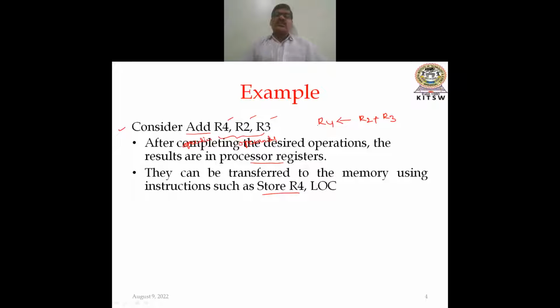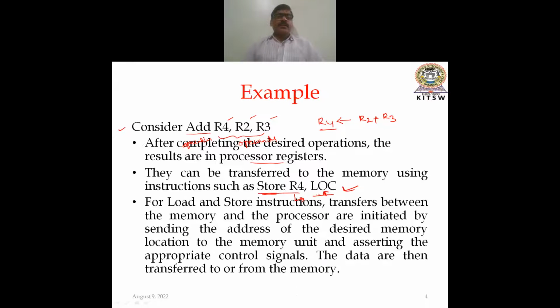Now the result which we have in the processor register R4, we can store into a memory location by making use of the Store instruction. So we can write Store R4, LOC. That means the contents of the R4 register will now be stored within the memory location symbolically named LOC.